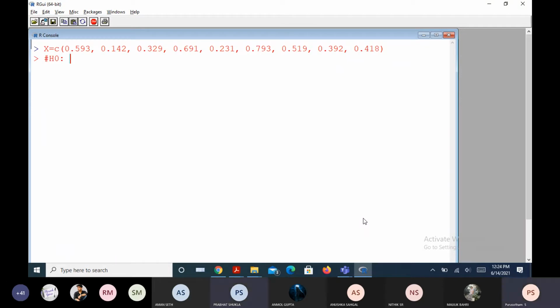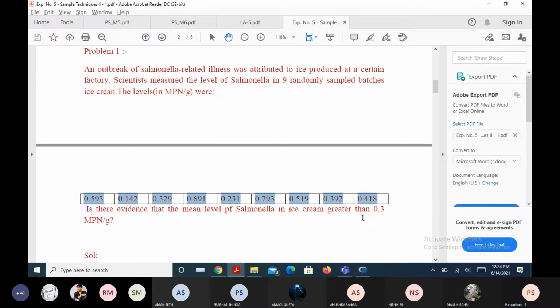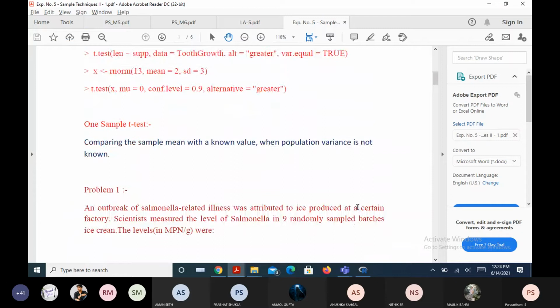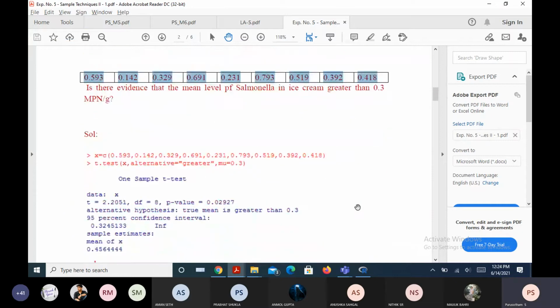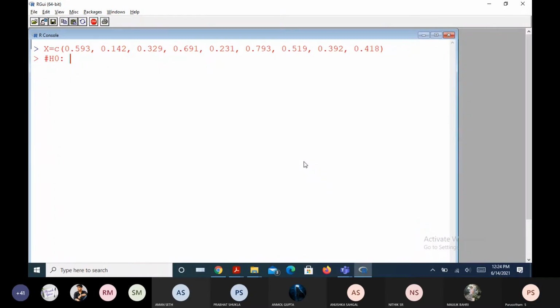We used to write the mean level of Salmonella in ice cream equals 0. So here, mu may be greater than 0.3. H naught. What we need to test is whether mu is greater than 0.3. This we need to test.